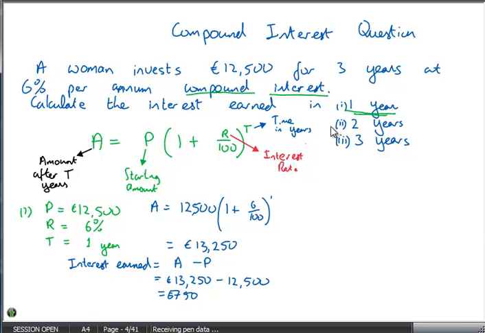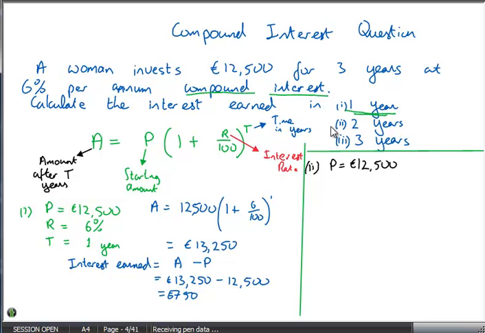I'm going to do part 2 here now. I've room to do it on this side here. Now, what we have here for part 2, and I'll do part 2 in black just so that we can see the difference in it there. Now again, we have the principal sum, we'll start off with the 12,500.